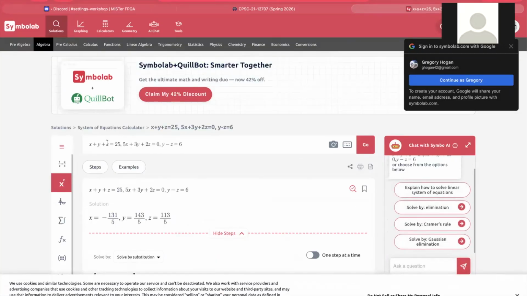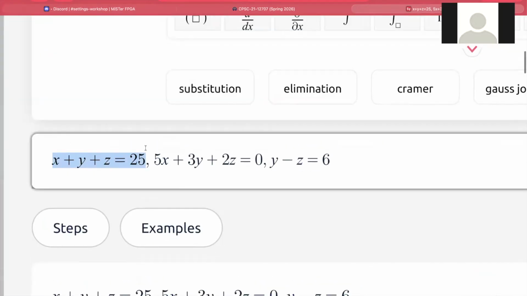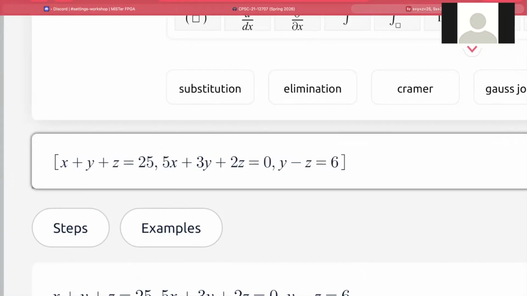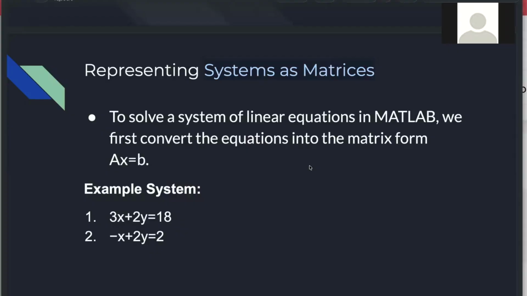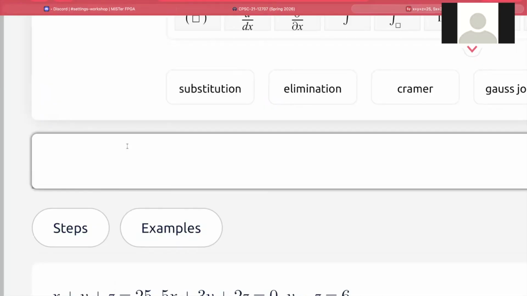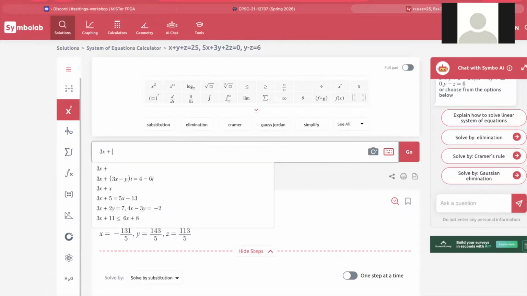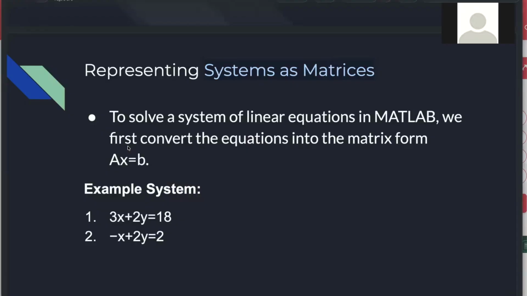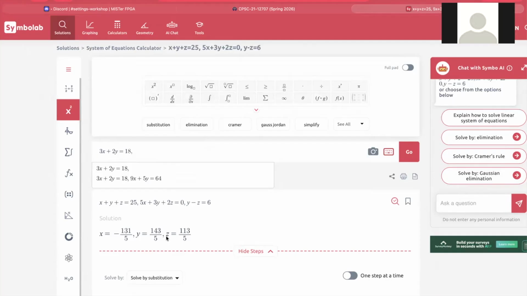And you can see that they just type in the equations separated by commas, right? So if we wanted to do the ones we have here, 3x plus 2y equals 18, you would just say 3x plus 2y equals 18, comma, and then the other one is negative x plus 2y equals 2.